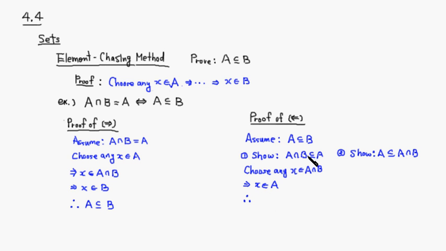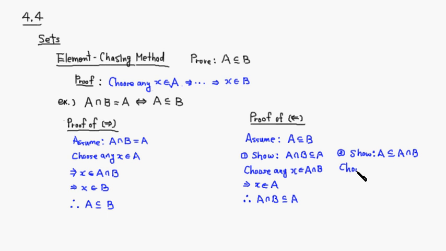We could show that any element x in A intersect B is also in A, so we know that A intersect B is a subset of A.